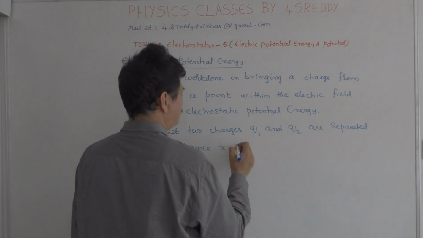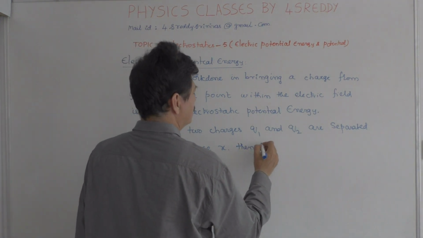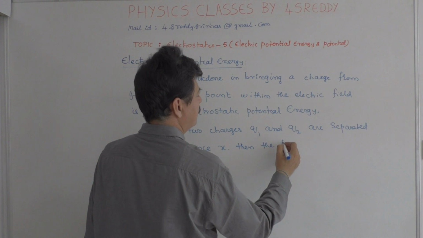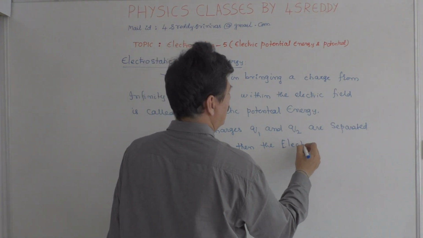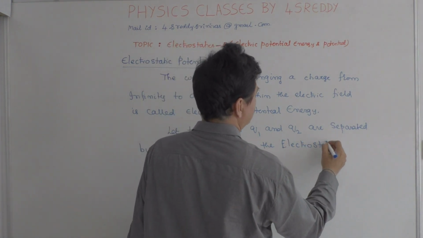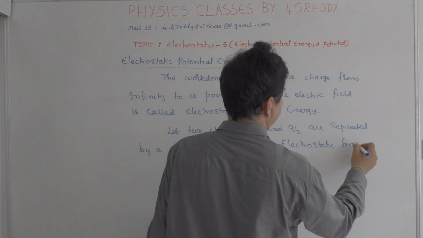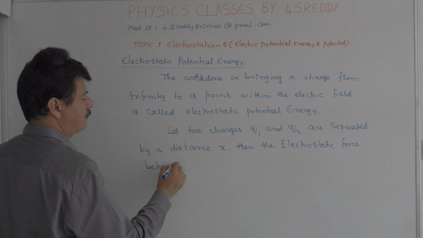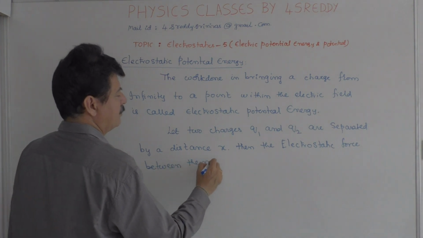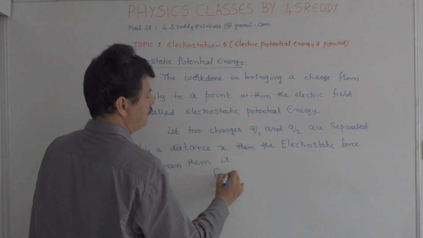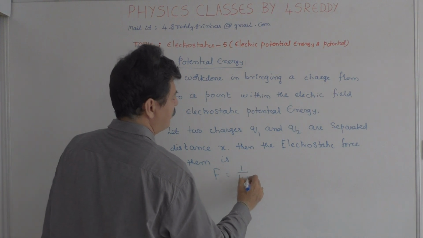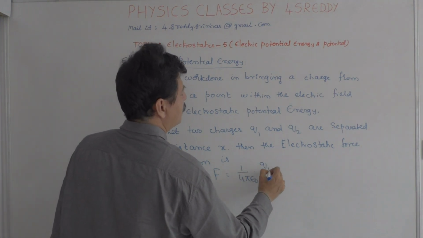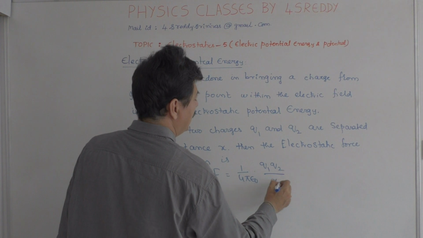Then the electrostatic force between them is given by F equals 1 by 4 pi epsilon naught Q1 Q2 by x square.